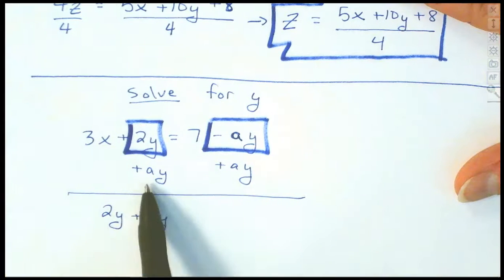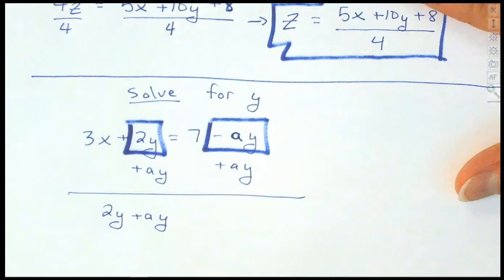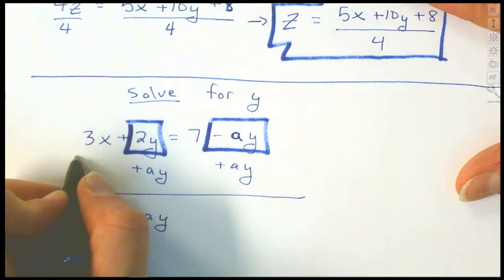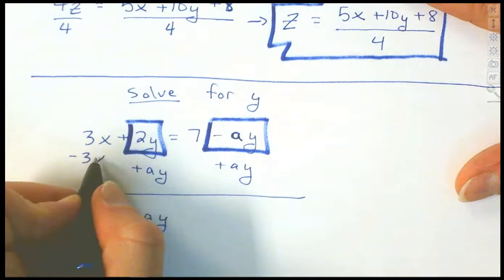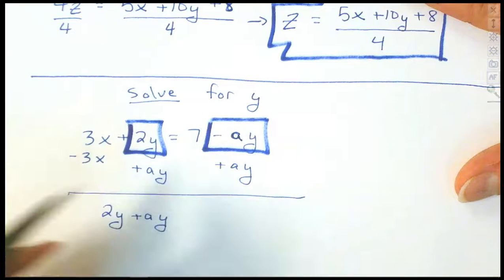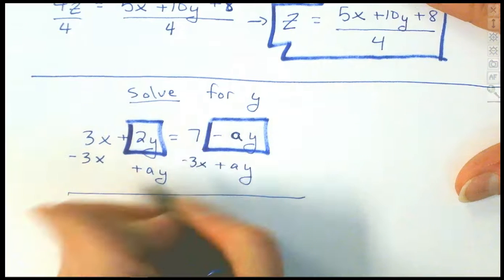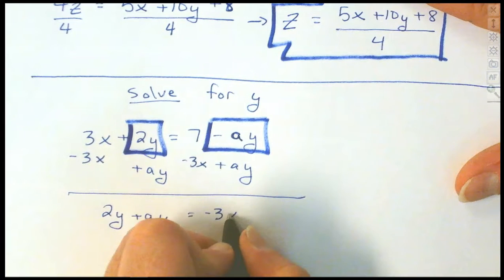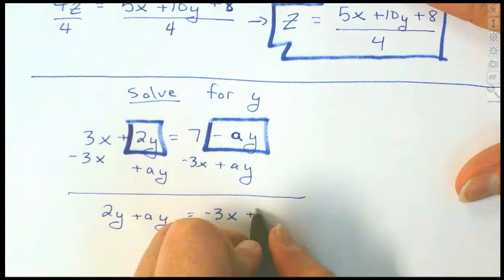Okay, those can go together. Now, what does not belong on the left? What have we not dealt with yet? 3x. So how do we move that 3x over? Yep, it's addition, so it needs to go over here. What am I going to do? Subtract off that 3x. And that leaves me then with a minus 3x plus 7.